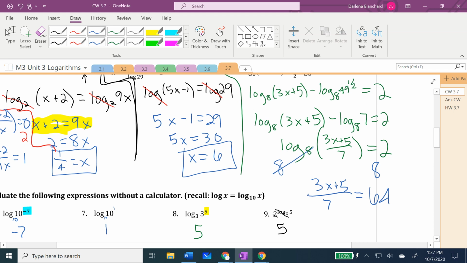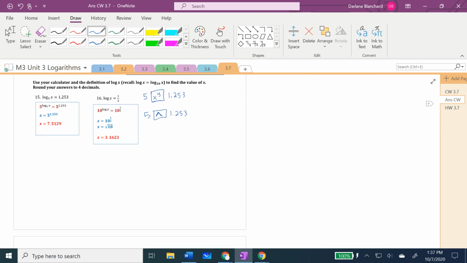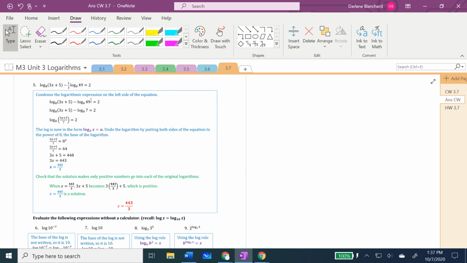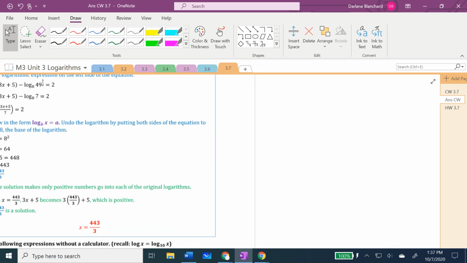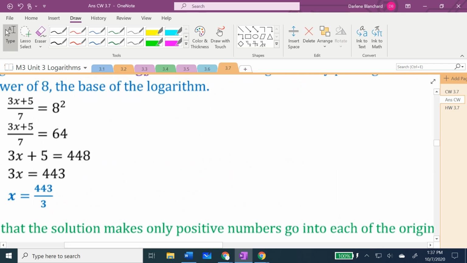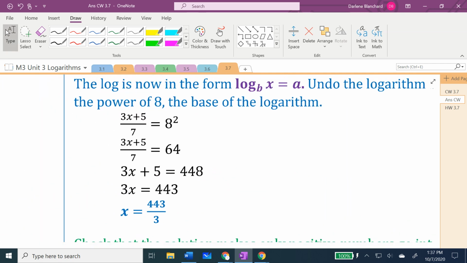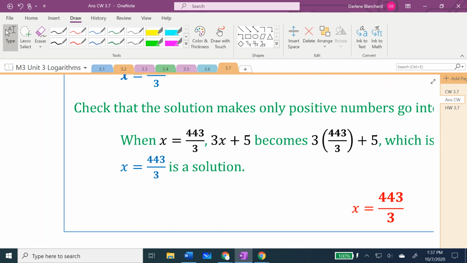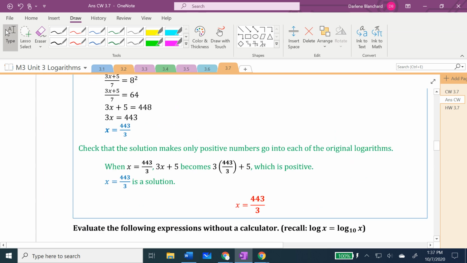And a little bit of arithmetic later will get you an answer. Now, you do need to check, and it does work out. It's not exactly a pretty number. You can write it in decimal form if you don't like writing it as a fraction like that.